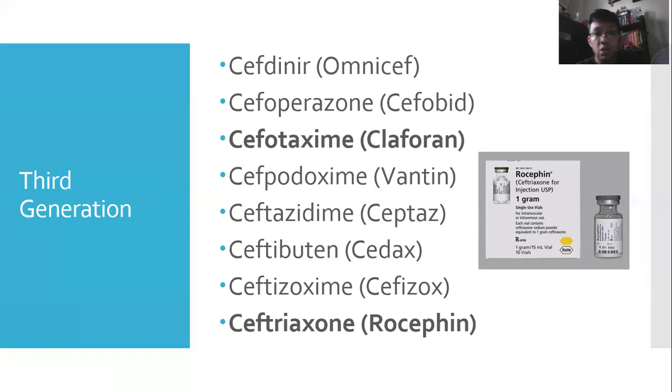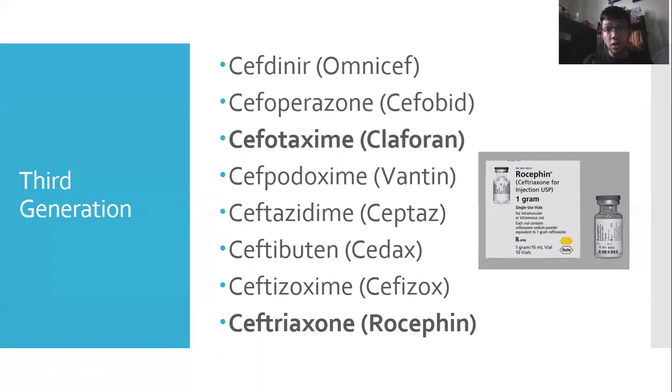The third generation of cephalosporins: cefdinir or Omnicef, cefoperazone or Cefobid, cefotaxime or Claforan, cefpodoxime or Vantin, ceftazidime or Ceptaz, ceftibuten or Cedax, ceftizoxime or Cefizox, and ceftriaxone or Rocephin.